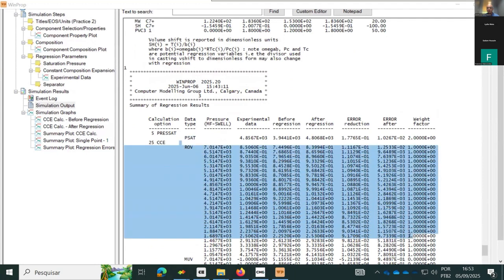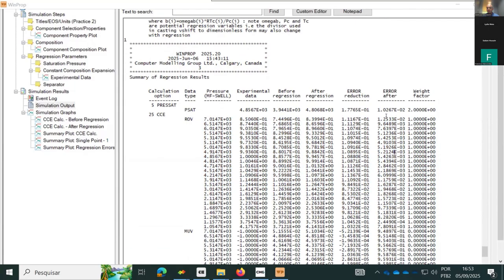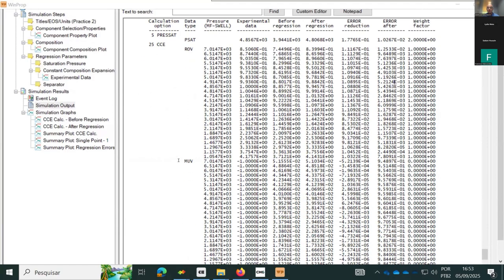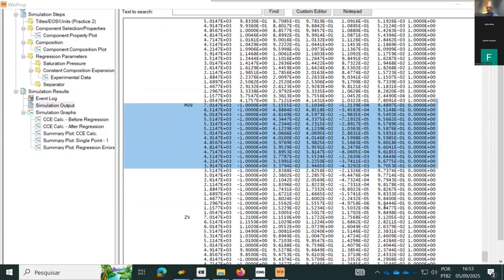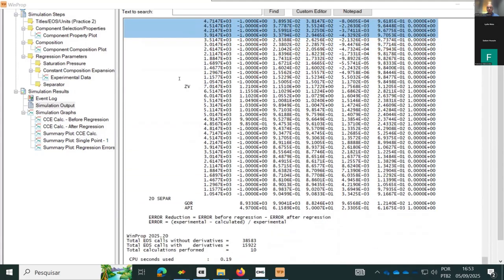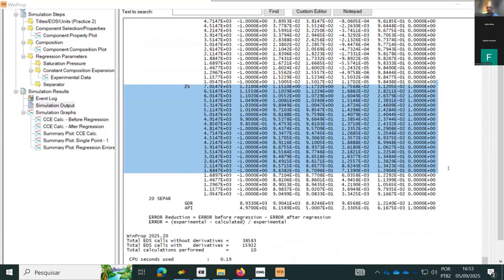We are done for relative volume, because all the values from this column are lower than 1%. It's very good, very accurate. We don't have viscosity data to match, okay? So I will skip this part, and I will take a look at the z-factor. So the z-factor should be lower than 3%.